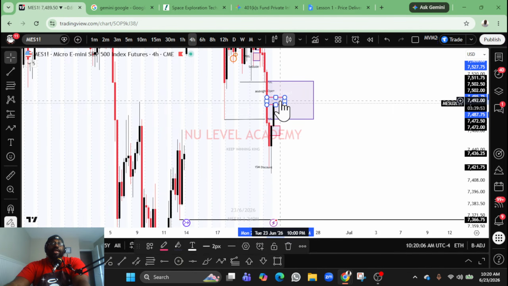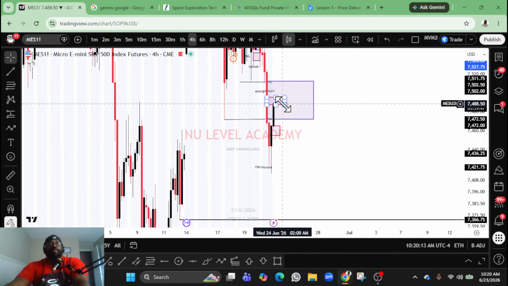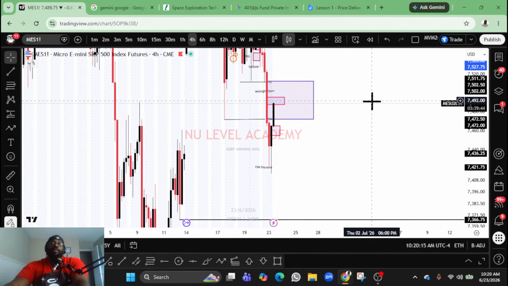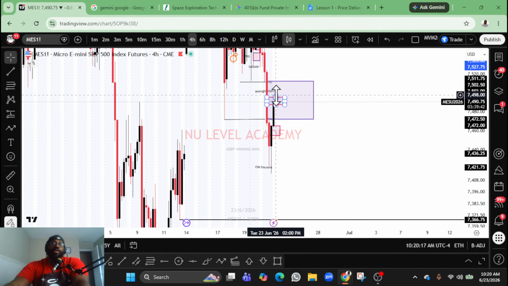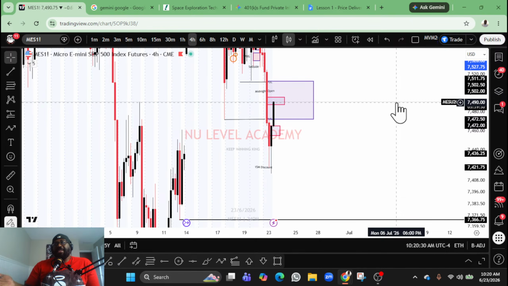And once we do get that, if we start reversing here, we'll be looking for our model to set up to be able to short. If we invert this fully, then we'll just sit out until PM session. There will be no reason to engage in the markets. It's already 10:20. We haven't gotten silver bullet yet at all.